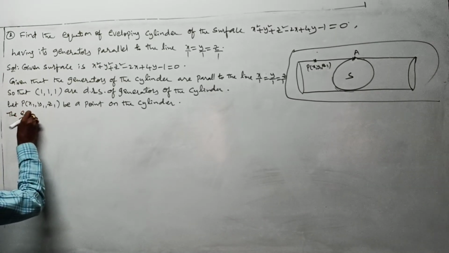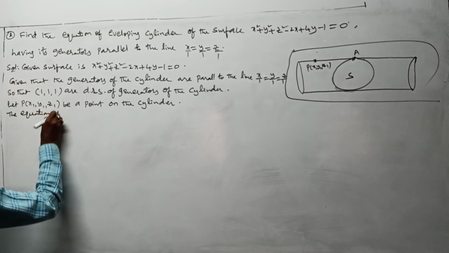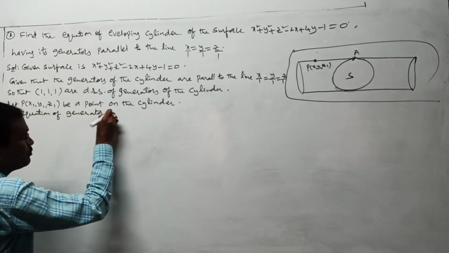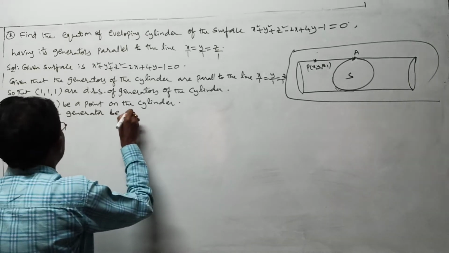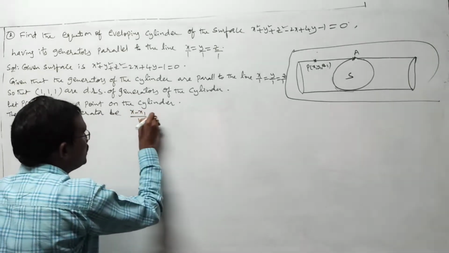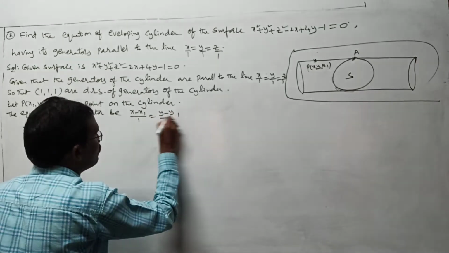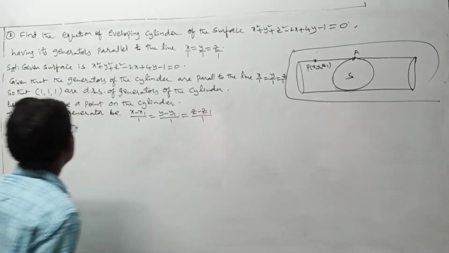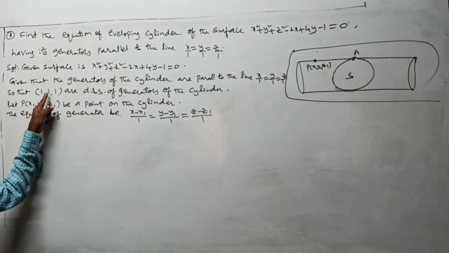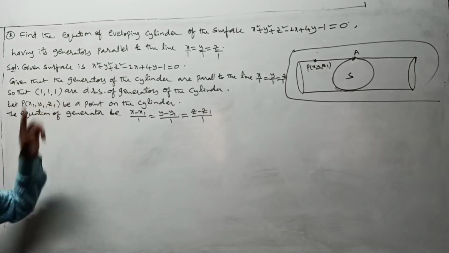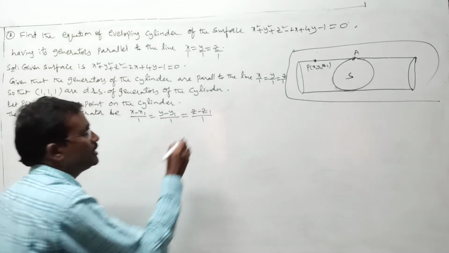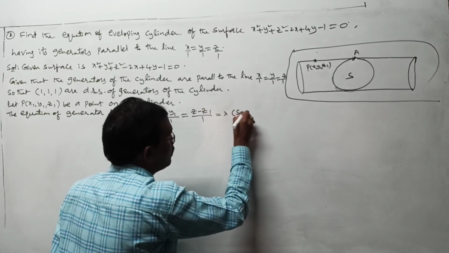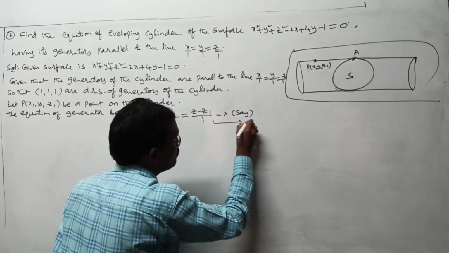The equation of the generator is (x minus x1) by 1 equal to (y minus y1) by 1 equal to (z minus z1) by 1. To define a general point, let us take this equal to some lambda, and call it equation 1, since we are going to use it somewhere.